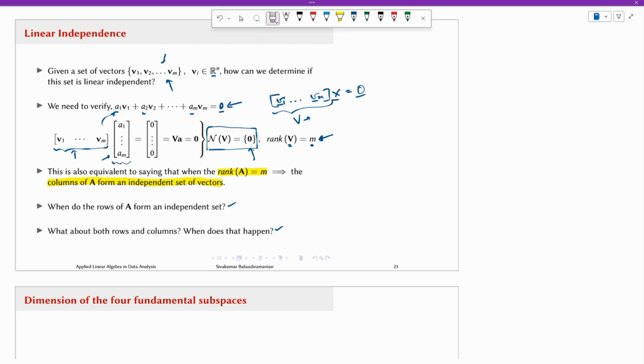Okay. Why do you say that? No, that is always, see, 0 will always give you 0, but that's not enough. If the only thing that gives you 0 is the set of scalars being 0, then it's linearly independent. If there is anything else in addition to 0, then it's linearly dependent. Are you sure?